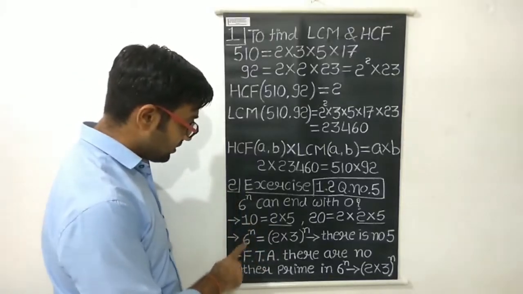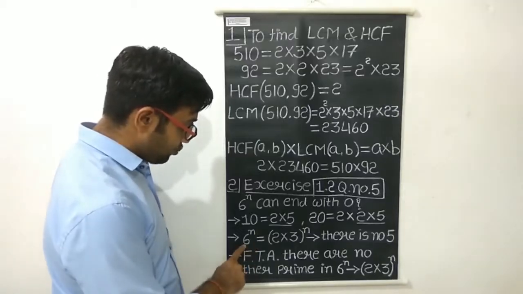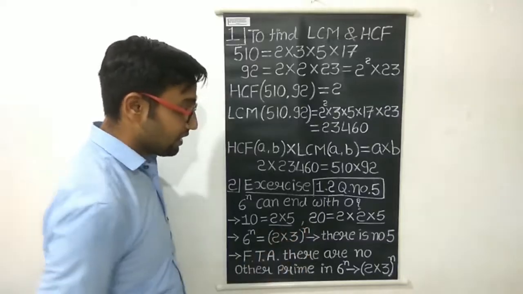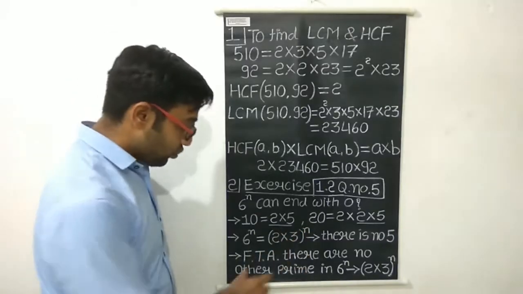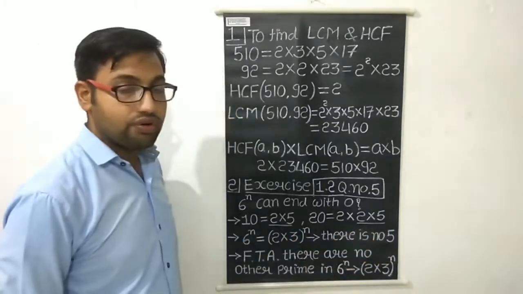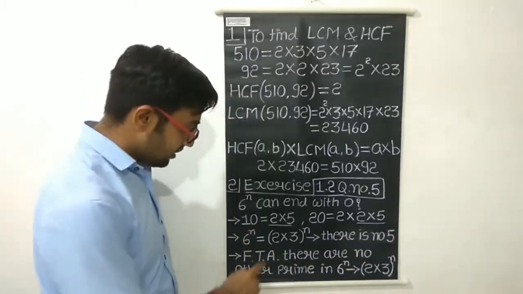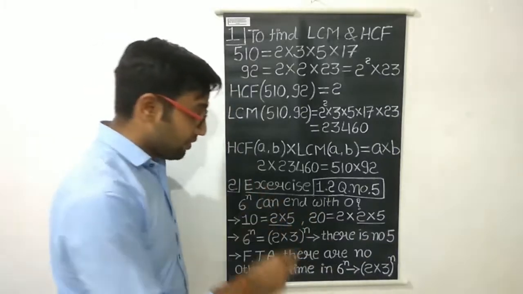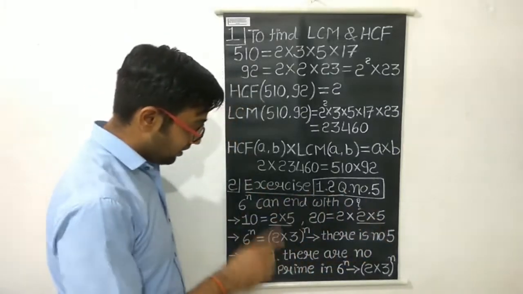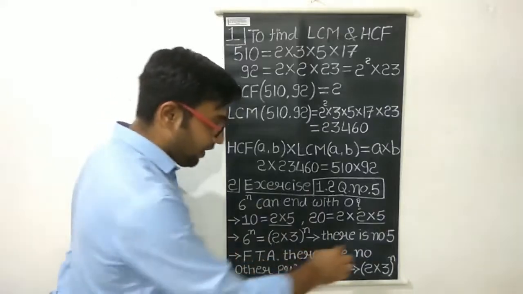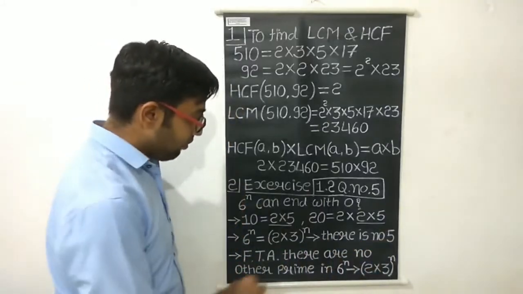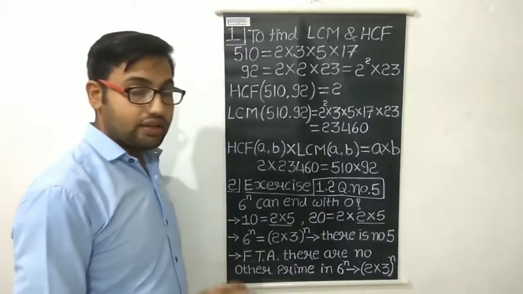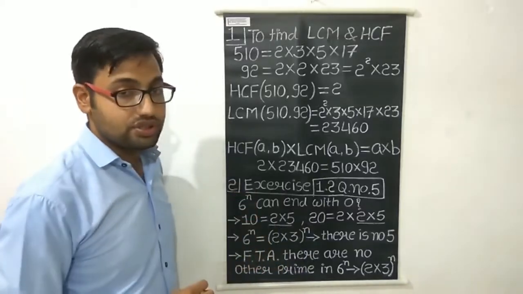By factorizing 6 raised to n, we get the factors of 6 as 2 into 3, 2 threes are 6, and the power is n. So there is no 5 as a factor. Yes, there is 2. To have a last digit of 0, there must be two factors, 2 and 5. But here only 2 is there. 5 is not there. So by taking any power of n, we cannot get 0 as a last digit.